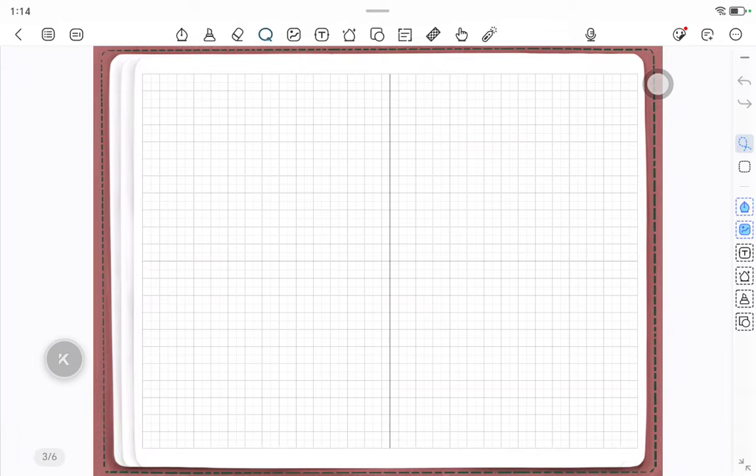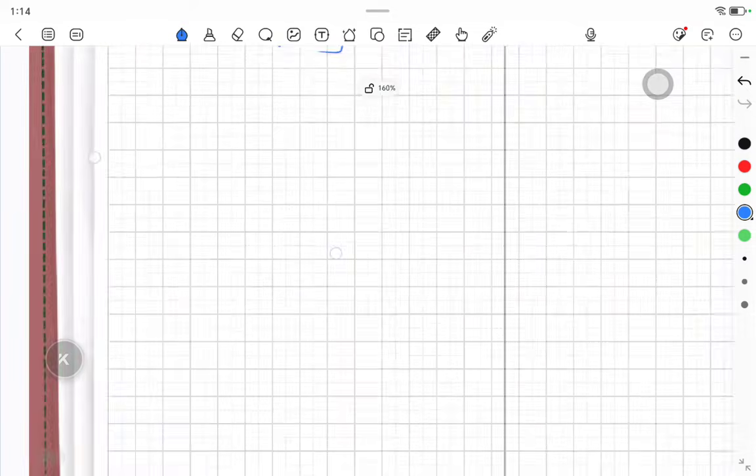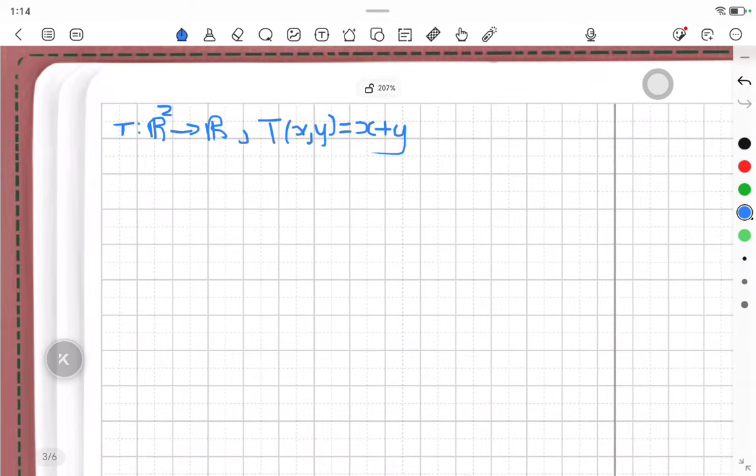First thing that you do when you want to find the kernel, we must come and say the kernel of this function. If it was f, I would say the kernel of f. So this is the kernel of T.